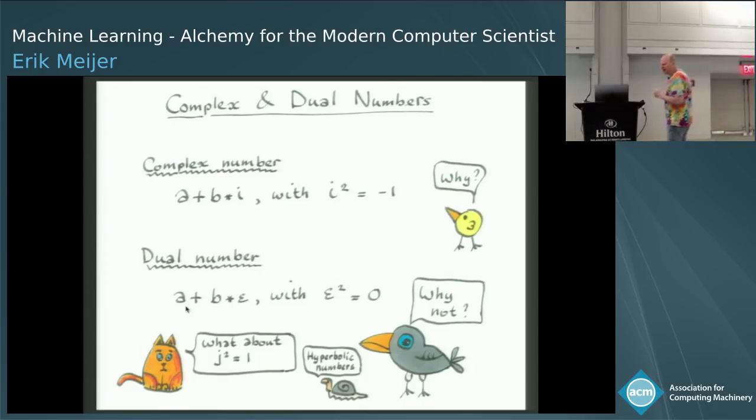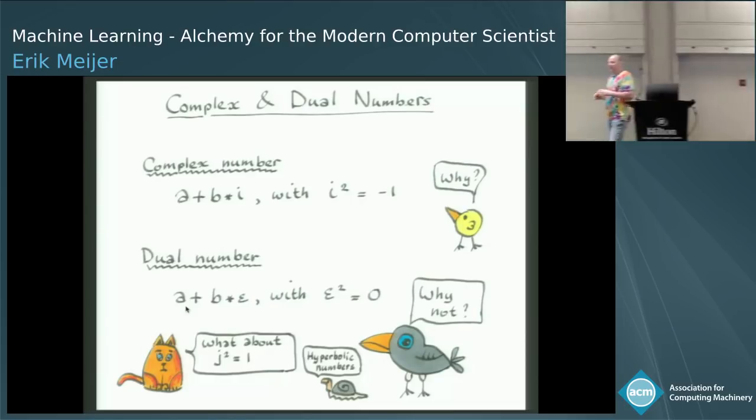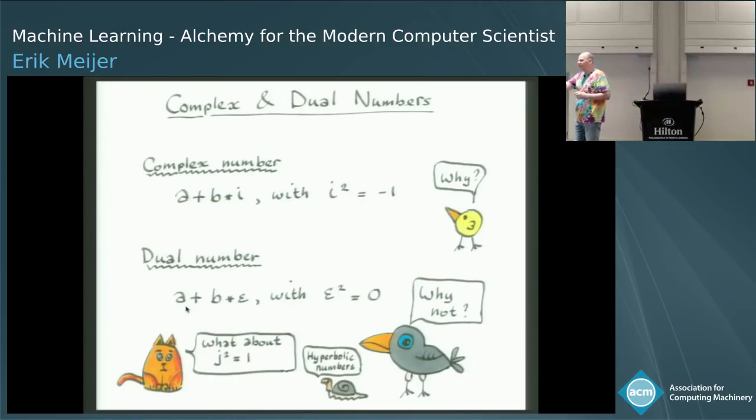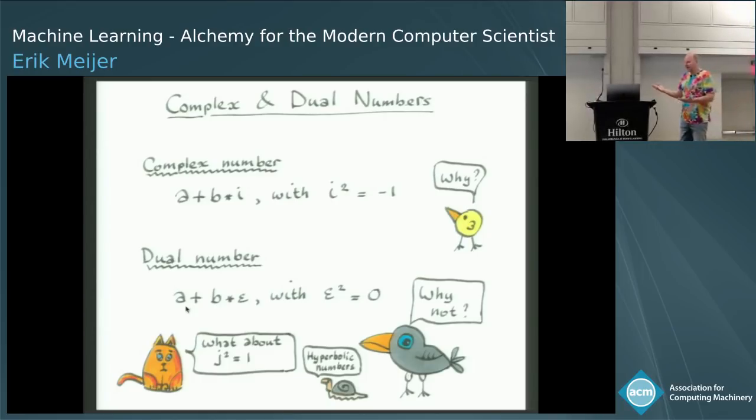Now let's do exactly the same thing, but just to avoid confusion, instead of I we will use epsilon. Let's just define epsilon squared to be 0. Why not? Right? If we can define I squared to be minus 1, why can't we define it to be 0? There's no reason that we can't. Or we can also define it to be 1, if we want to.